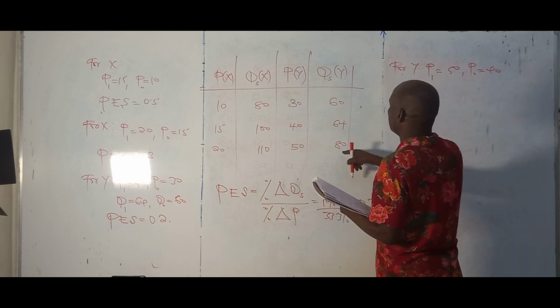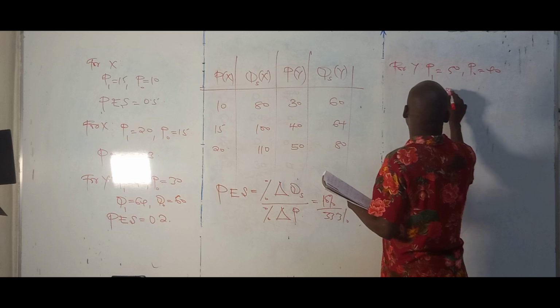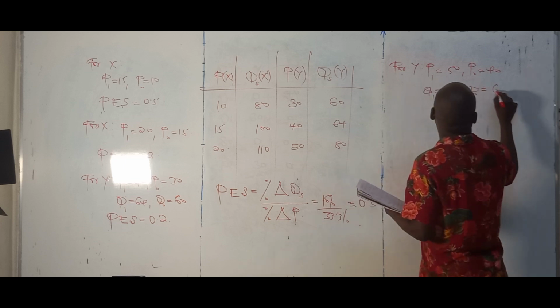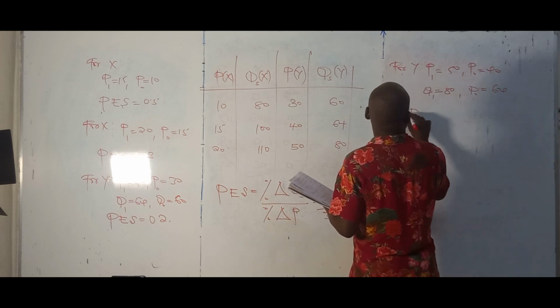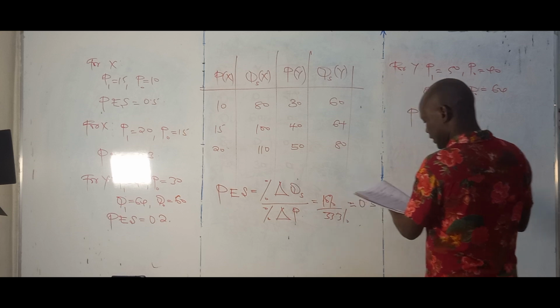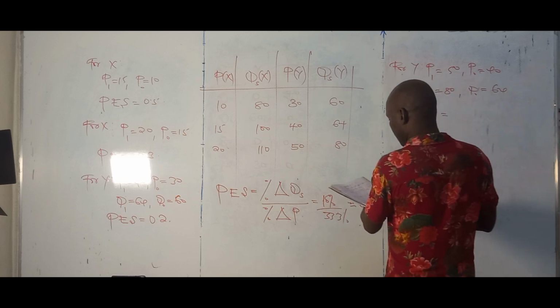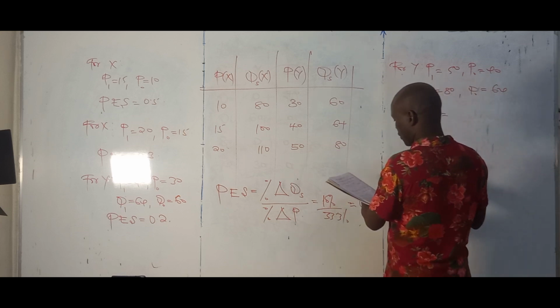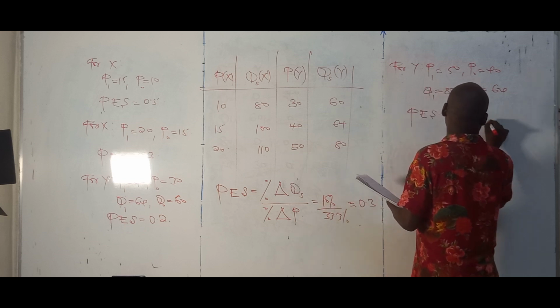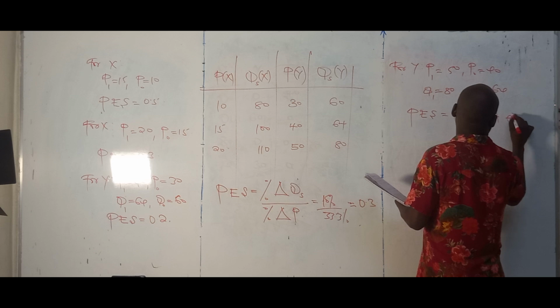Then Q1 is 80 and Q0 is 64. Price elasticity of supply, if you work it out, will be 1, implying unit elasticity.